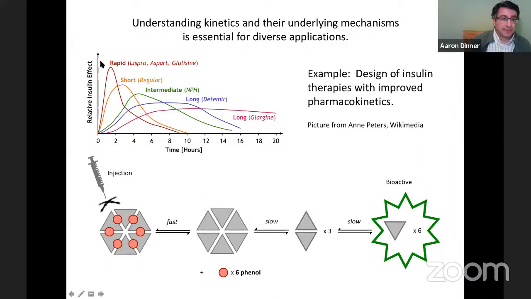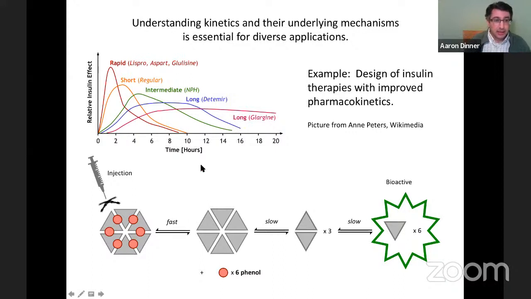So you might want a fast-acting insulin that you could take right before a meal, or that you could put in a pump that somebody would wear and would be continuously monitoring the glucose levels in the blood. You might want a slow-acting insulin so that you only have to take one shot during a day.